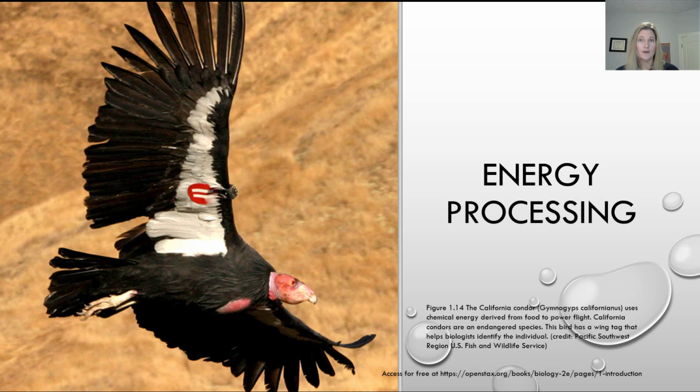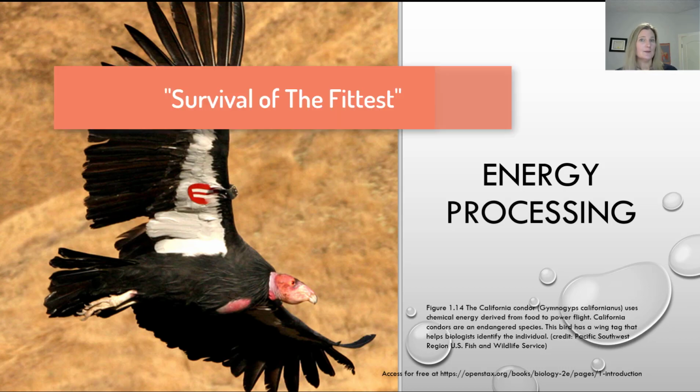That means we need food, shelter, water, all those things. The strongest in our population, the ones able to obtain those resources needed for survival, will survive long enough to reproduce.